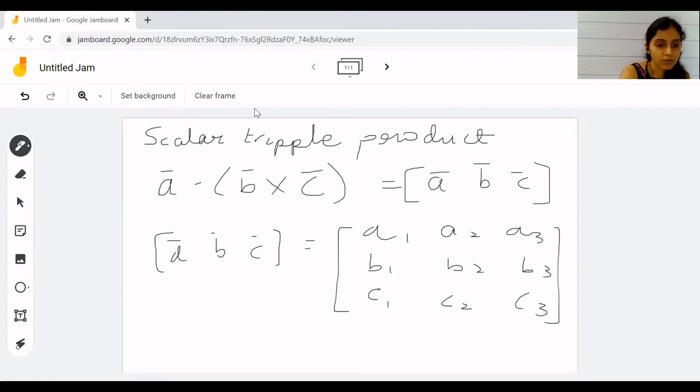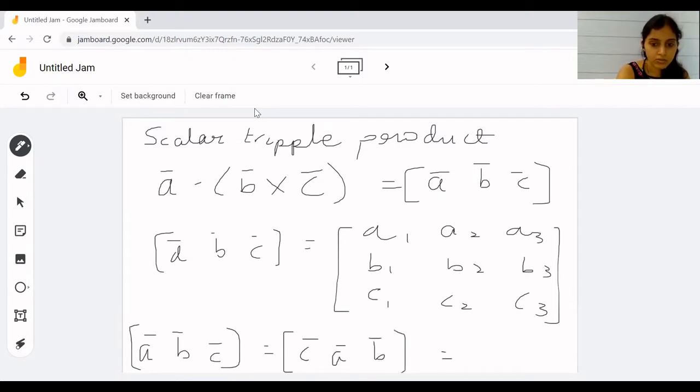You can write this property as A bar, B bar, C bar box product is equal to C bar, A bar, B bar is equal to B bar, C bar, A bar. That is just changing the order cyclically. If you change the order cyclically, then any one scalar triple product is correct.